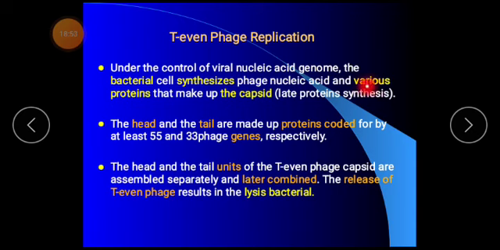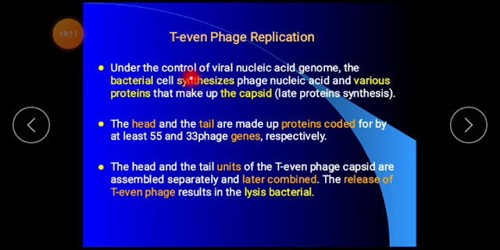This is what we call the stage of late protein synthesis in the replication of T-even phage. Under the control of the viral nucleic acid genome, the bacterial cell synthesizes phage nucleic acid and viral protein that make up the capsid.